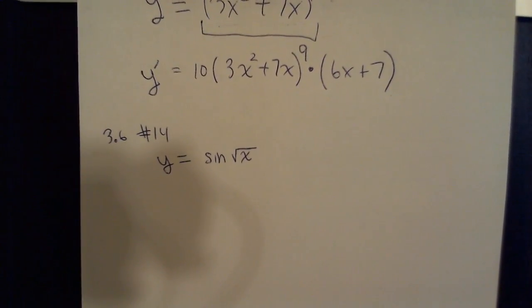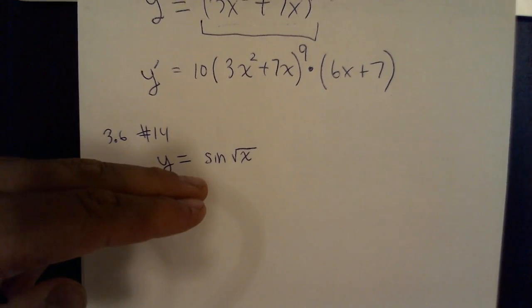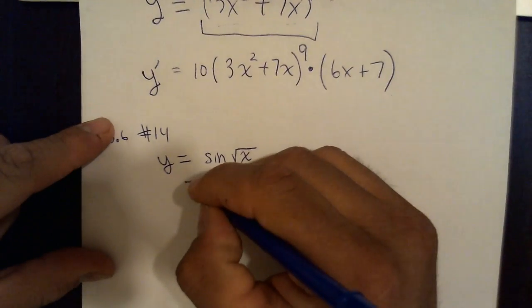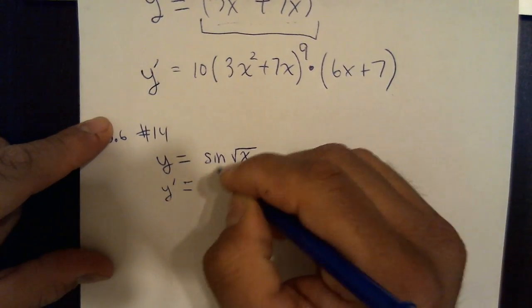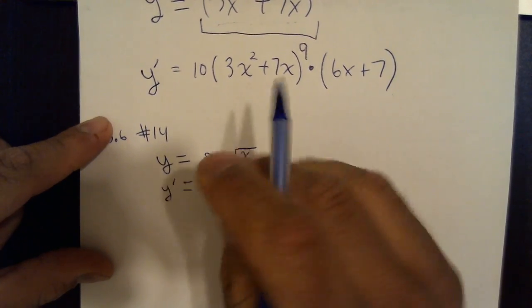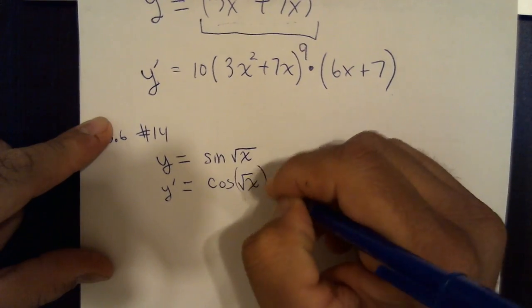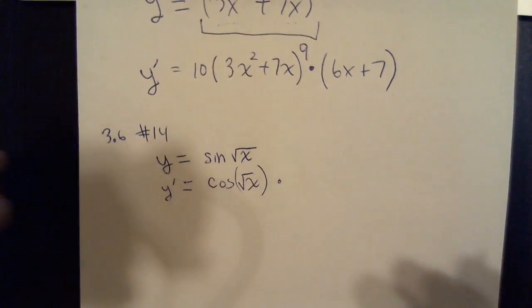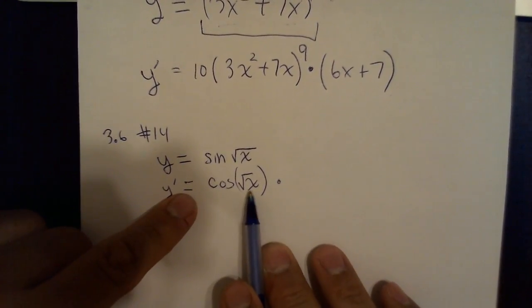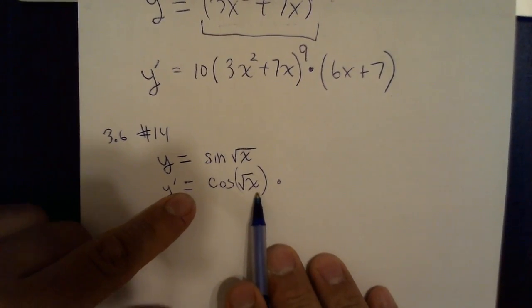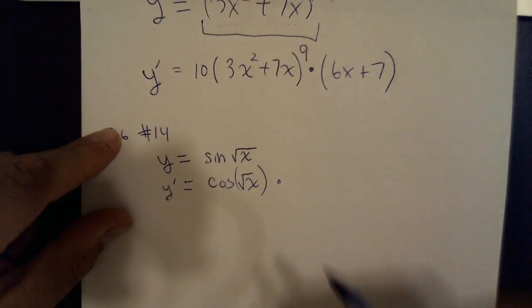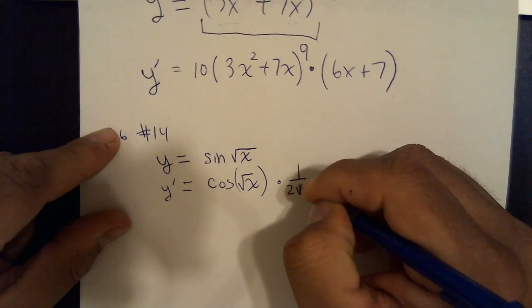So again, the chain rule: we start with the outer function, that is the sine. When I take the derivative, this will be cosine. Again, leave the inside alone, square root of x. Now I peeled out that layer, I'm done with it. Now I make my way to the inside, the square root of x, which we've shown in class previously.